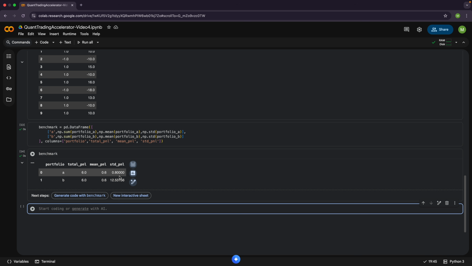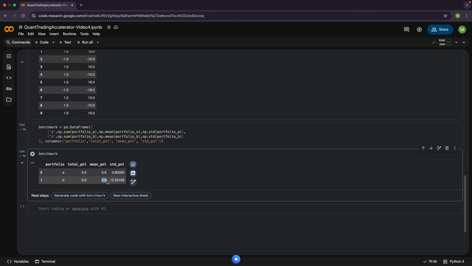But here is the key distinguisher, which is the standard deviation. Portfolio A has a much lower standard deviation because the P&L values in the time series are less volatile. Whereas here, it's a much higher number because there are much higher deviations away from the central tendency, which is this measure here.